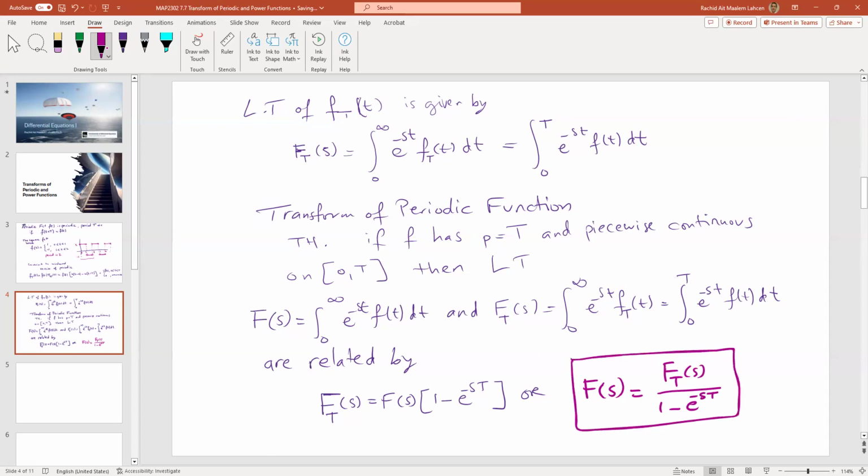So these are the integrals. They are not difficult to prove. There is a known proof using the previous theorem that we used.